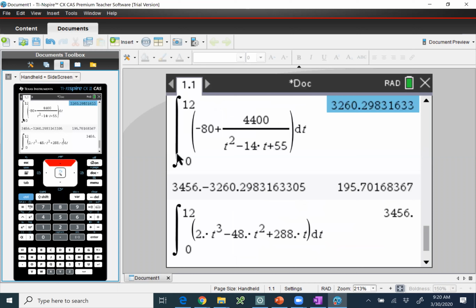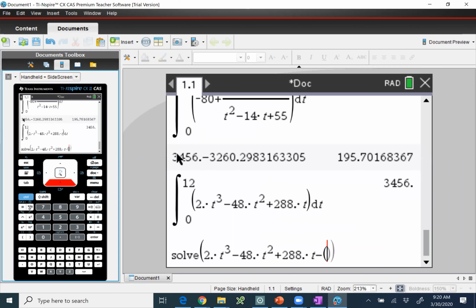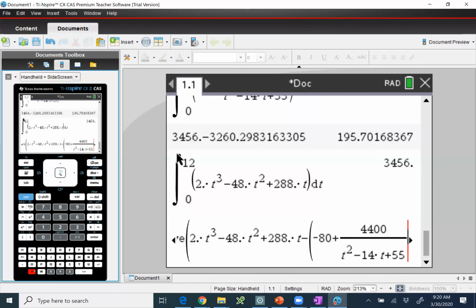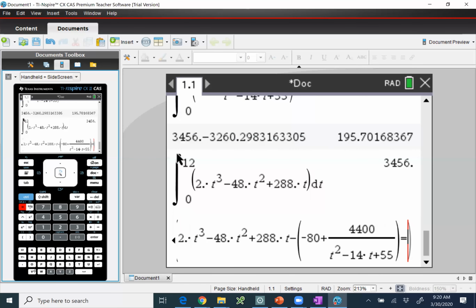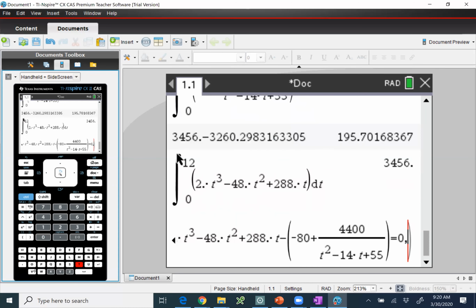L of t was this big thing here, but we need to make sure we're using parentheses because we're subtracting the whole thing. If you don't have those extra parentheses there, you're going to get this question wrong. So we have that big parentheses and then equal to 0, comma t.